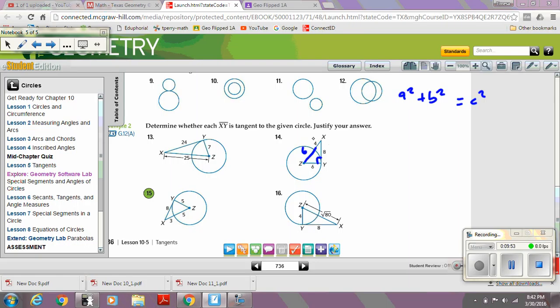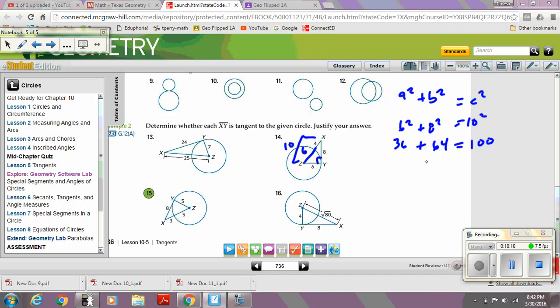So in total, it's 10 for zx, which is c. So c again is 10, and then a and b are 6 and 8. 6 squared is 36, 8 squared is 64, and 10 squared is 100.